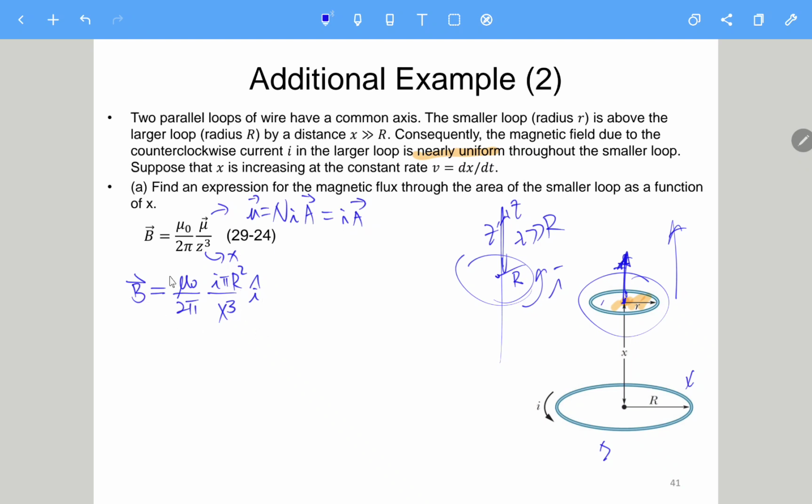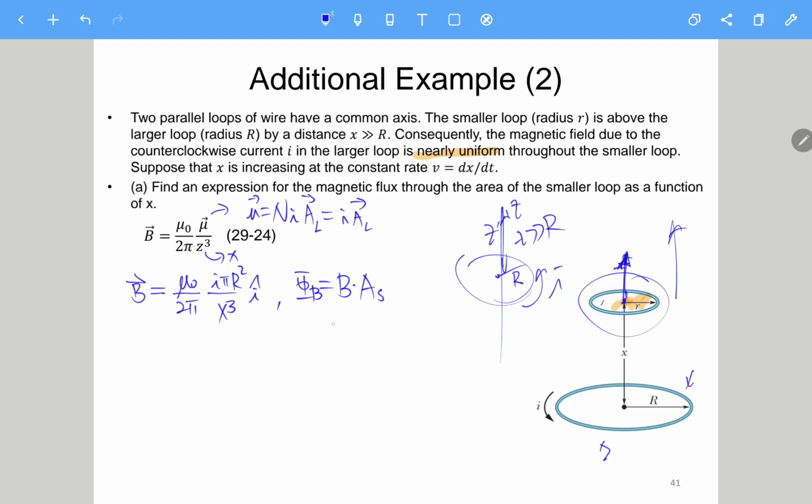So this is vector B at this point, but we approximate that the B field over this smaller loop is constant. So we approximate phi B to be B times A. This A is different from that A. That A is for the larger loop, so maybe we put AL for the larger one and AS for the smaller one.